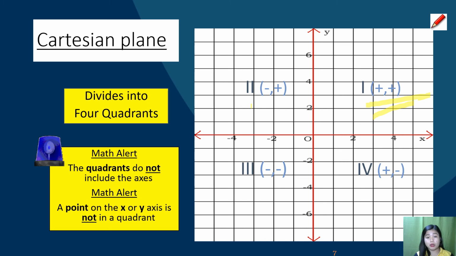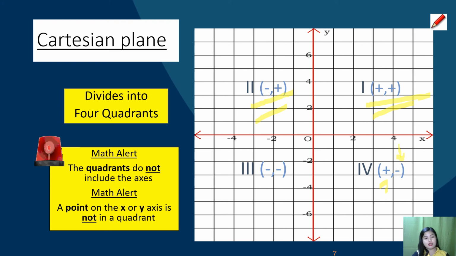If it is located in quadrant 2, the x-coordinate, the abscissa, is negative, and the ordinate, the y-coordinate, is positive. If the two coordinates are both negative, then it is in quadrant 3. If the x-coordinate is positive and the y-coordinate is negative, then it is located in quadrant 4.